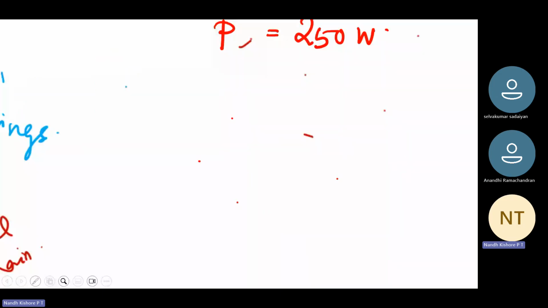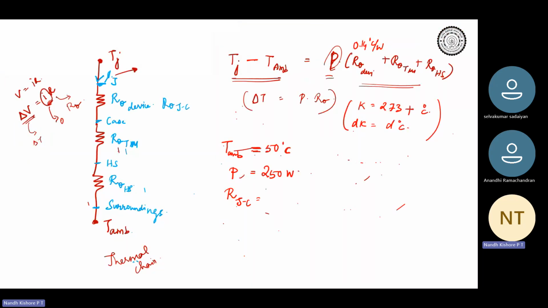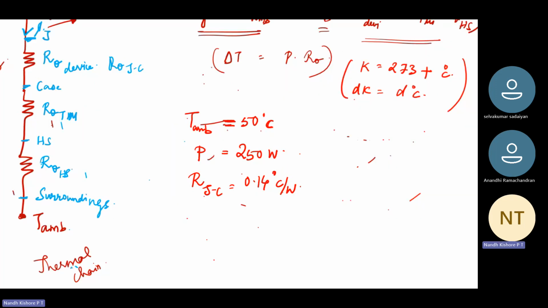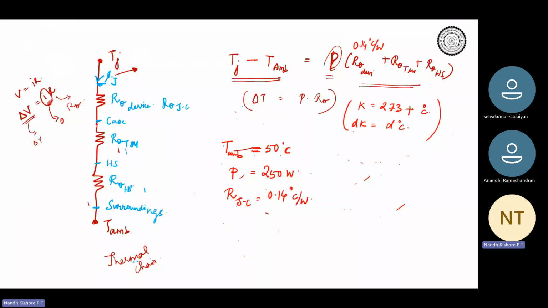And you know from the data sheet that R theta JC is 0.14 degree per watt. They have given that the maximum temperature the device can operate at is 150 or 175 degrees, something like that. This is the maximum junction temperature.